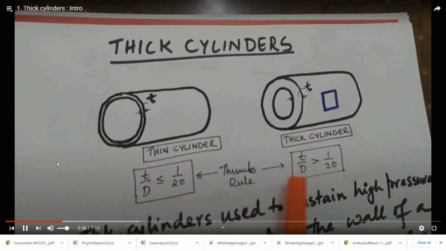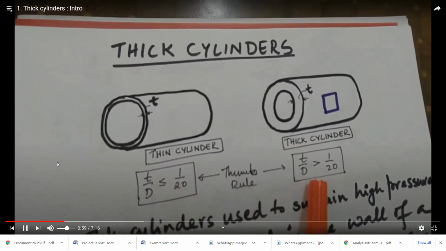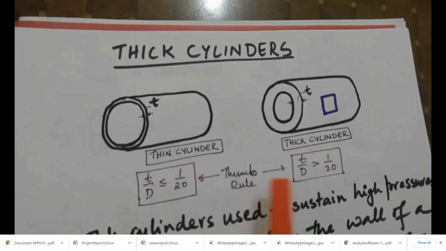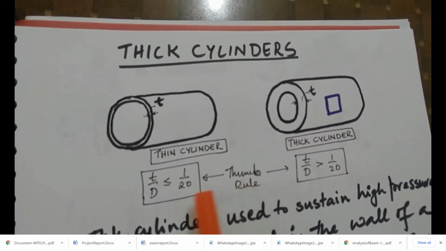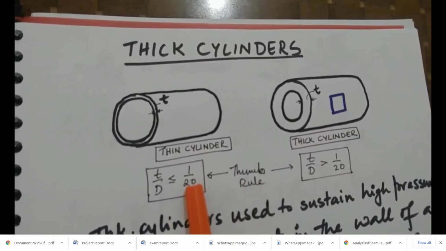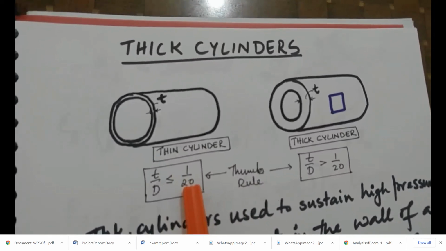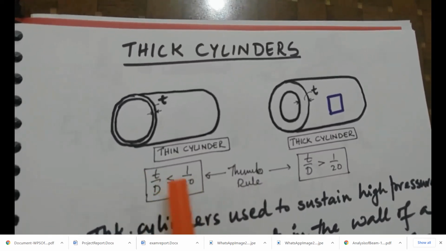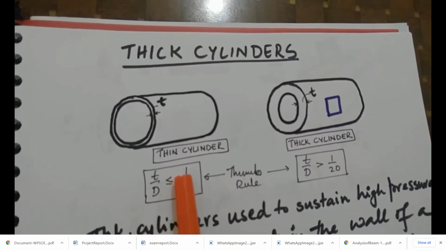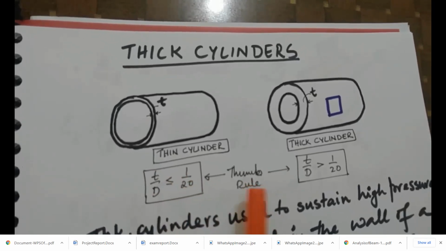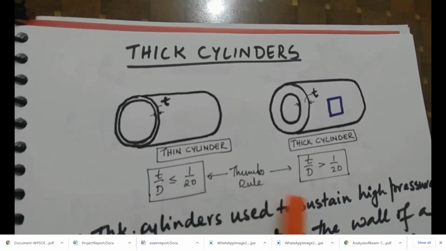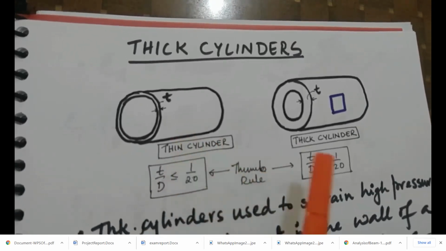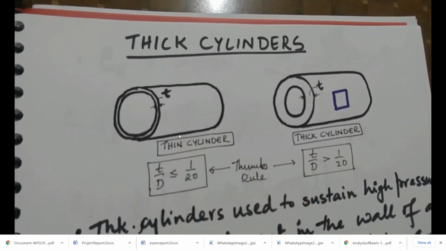Now, this ratio is actually a rule of thumb, and different textbooks have slight variations in the numerical value, some as wide as t by d being compared to a ratio of 1 by 10 to 1 by 20. Nevertheless, we will keep this ratio of 1 by 20 as the dividing marker between thick and thin cylinders.